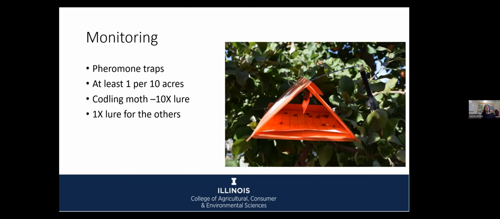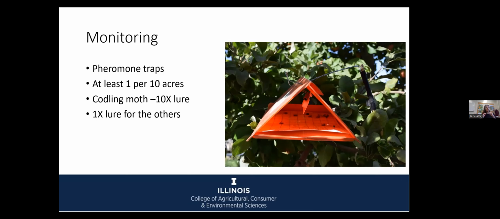So when we're monitoring for codling moth, which is the thing you're really going to be concentrating on, they actually make a lure so that you'll still be able to catch codling moths in those traps. Because if your lure is at the same concentration as your mating disruption, and the moth can't find the female, he can't find the trap either.